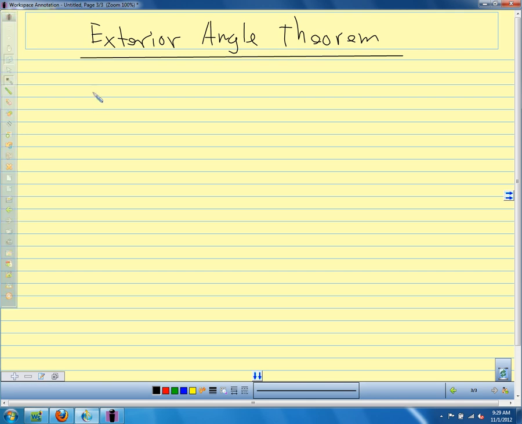Exterior angle theorem tells us, and we'll draw a picture after we write our theorem so we see what this means.